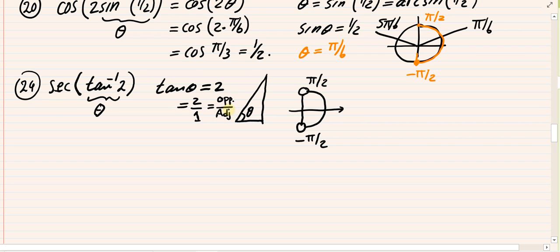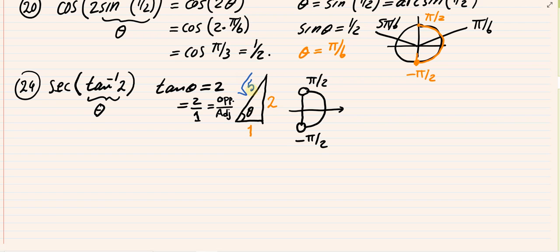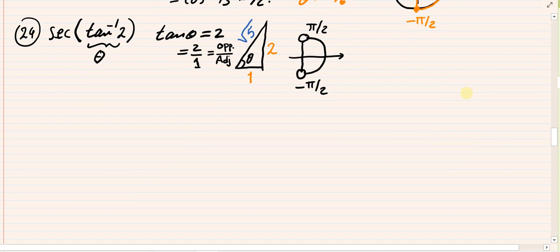So when I label my triangle here, I'm going to label this side 2 and this side 1. Now the hypotenuse by Pythagorean theorem is going to be square root of 5, since 2 squared plus 1 squared makes 5. So we have constructed our triangle.